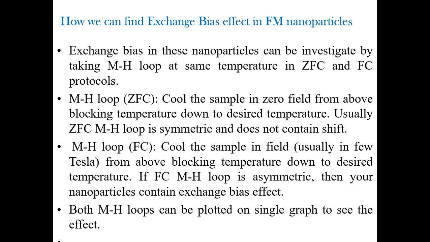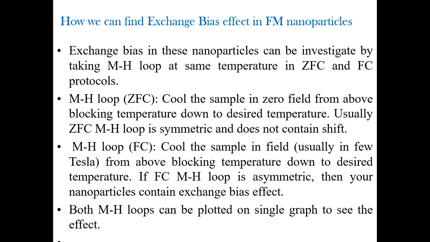You can look for the literature, but a very obvious or drastic exchange bias can be observed in the field cool protocol, where you have to cool the sample in field, usually a few Tesla, from above the blocking temperature and TN or TB in our case to the desired temperature.